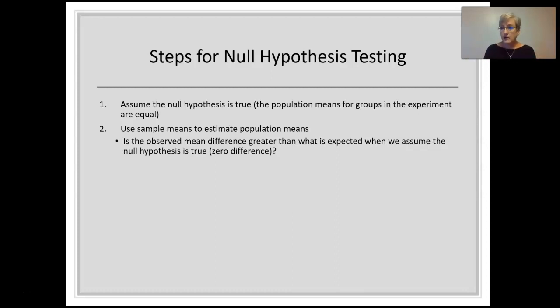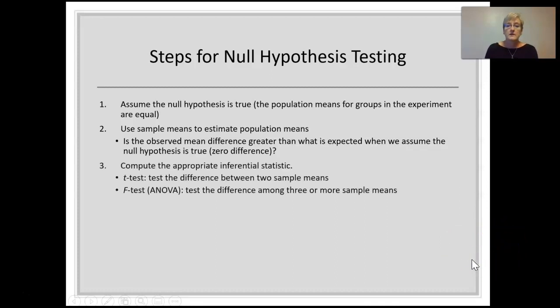If the null were false, what would the means look like? And then we make a test in order to determine, based on the actual data that we have, how statistically significant the result is. So in between groups comparisons, a couple of different tests are very common.